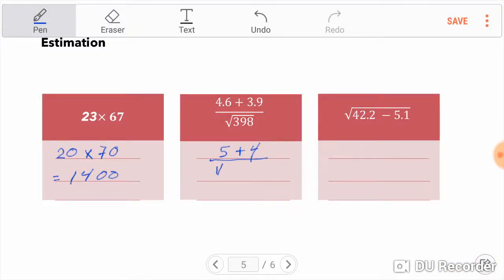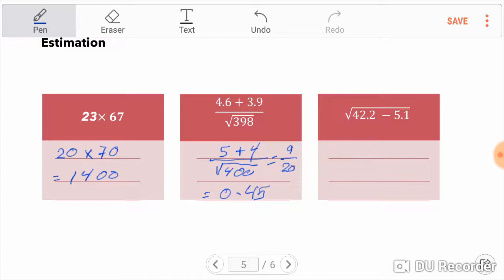And over 398: 3 is the first significant figure, 9 is the next digit, more than 5, so 3 becomes 4, 0, 0. So 9 over 200 equals 0.45.